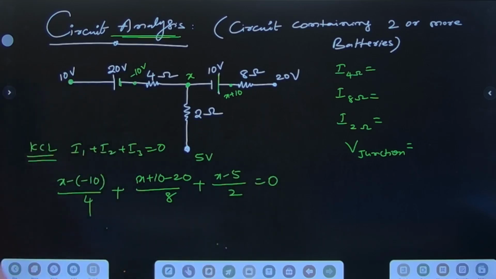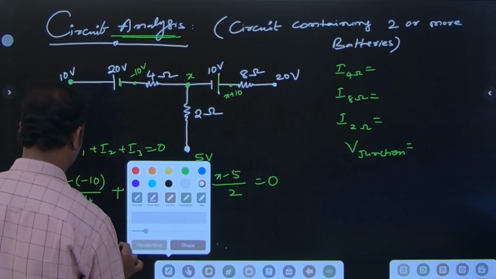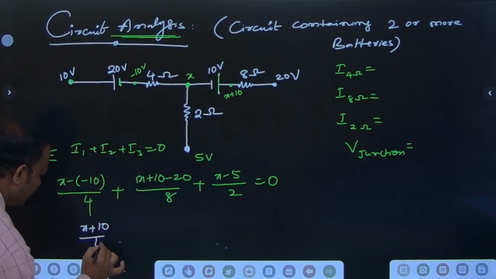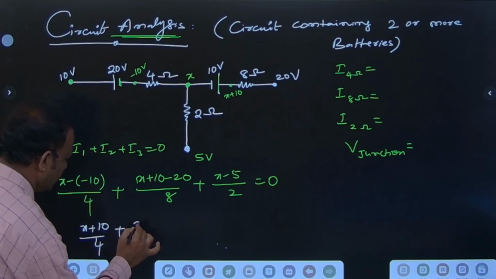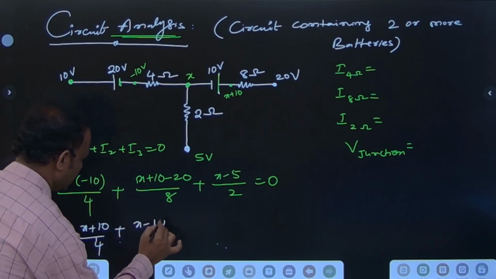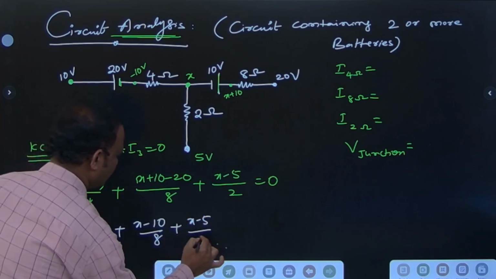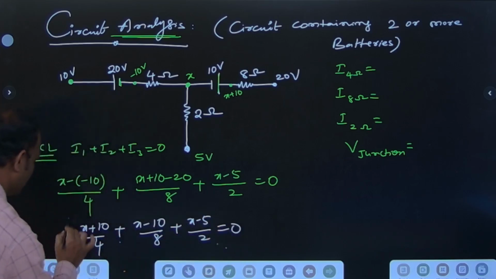Now you can simplify this. Taking this, X plus 10 by 4 plus X minus 10 by 8 plus X minus 5 by 2 is equal to 0.